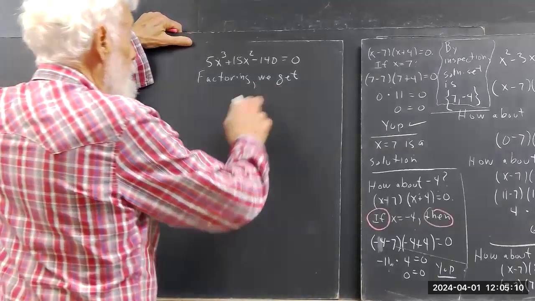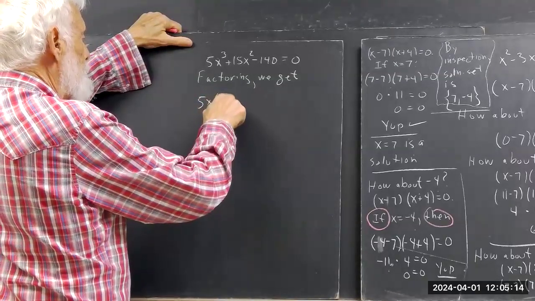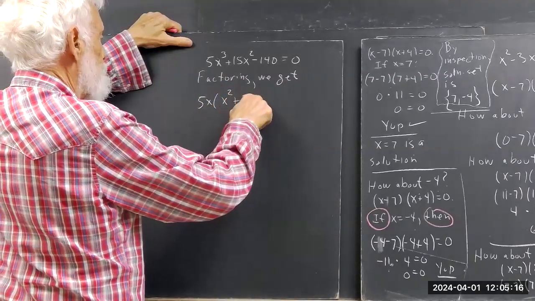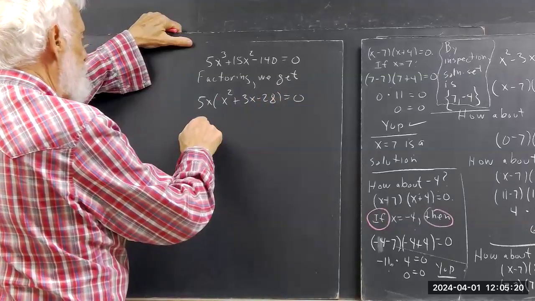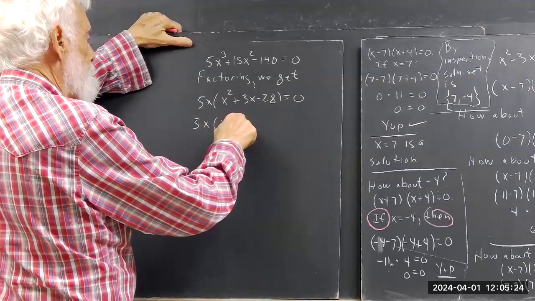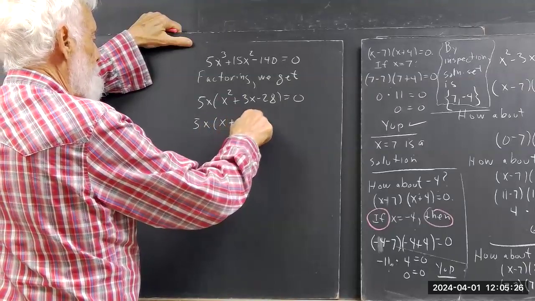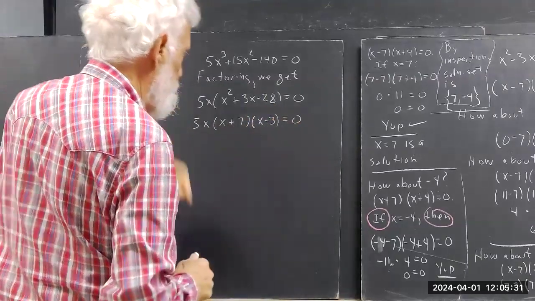Okay, anyhow, factoring, yes, we get 5x multiplied by x squared plus 3x minus 28 equals 0. So that's 5x times x plus 7 times x minus 4 equals 0.